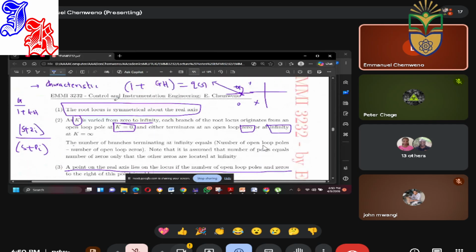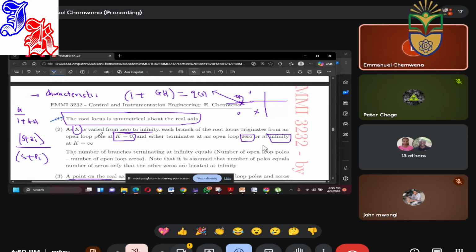Number 2, the locus starts from K is equal to 0 at the open loop poles and will terminate at either 0 or infinity when K is equal to infinity. So that one we are going to determine in the drawing.